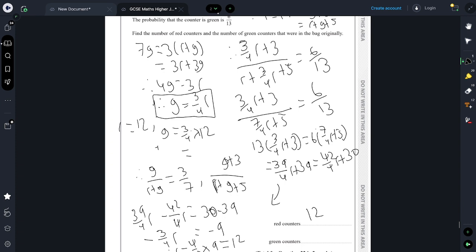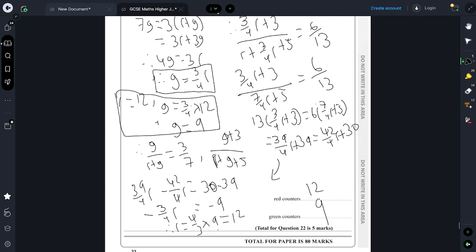So 12 over 4 is 3. So 3 times 3, which is 9. So G, which is the number of green counted in the bag originally, is 9. Again, spot this: 3 times 12 is 36, divided by 4 is 9. So that's where that comes from. So that's your answer here.